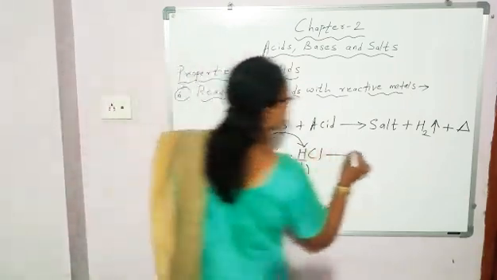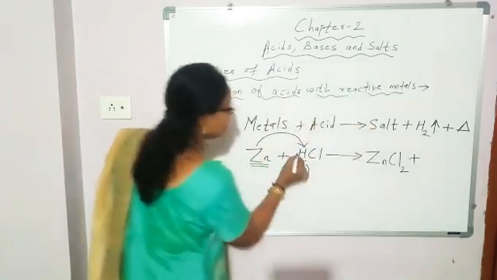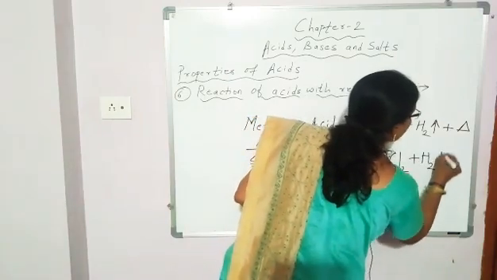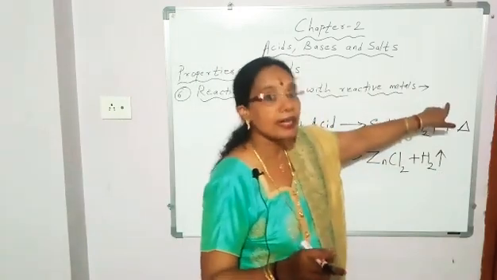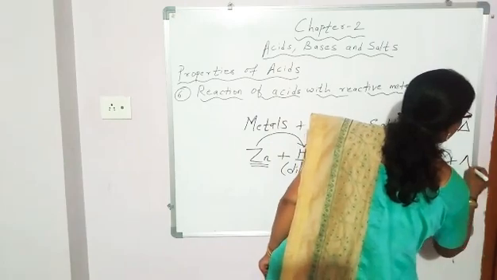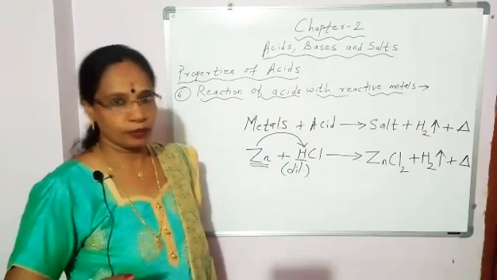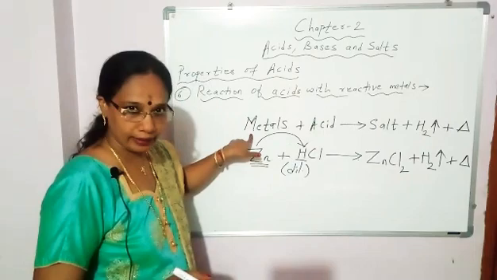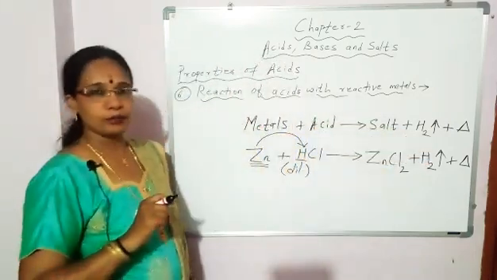So, what is obtained? Zinc chloride. And this hydrogen comes out in the form of hydrogen gas. Whenever gas is formed, we show upward arrow. One more thing, in this reaction, heat is also released. So, acid when react with metal, which gas is evolved? Hydrogen gas is evolved.